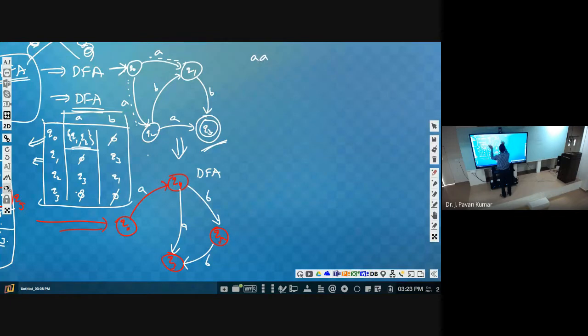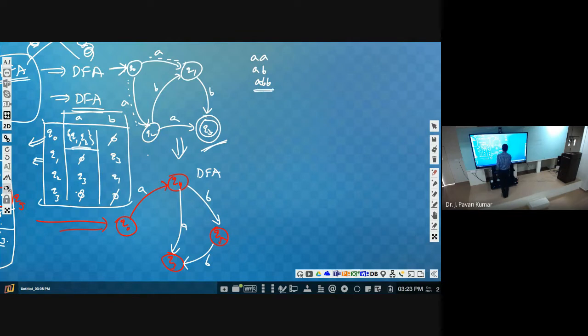Just see the diagram and try to guess. AB will be accepted. Next, ABB will be accepted. Any other? Yeah, that's it. I think these.